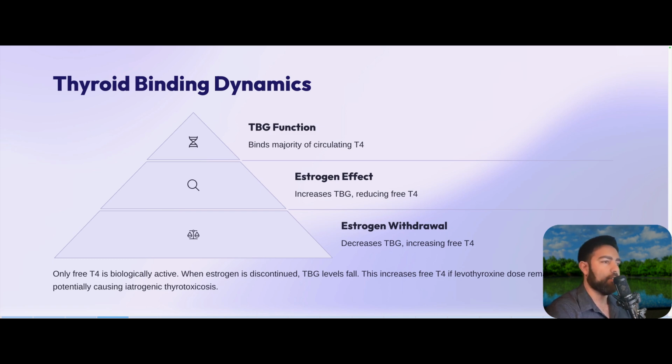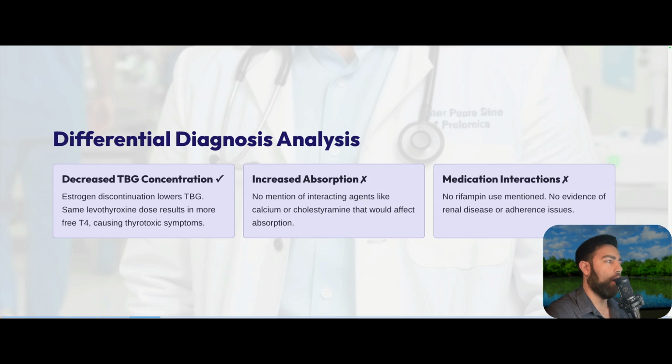Estrogen increases the thyroid binding globulin, which will reduce the free T4. So if you take off the estrogen rapidly and don't change the dose of the thyroid hormone that they're taking, with the decrease in thyroid binding globulin, there will be increased free T4, and the patient can present this way. It's a very important, high yield topic.